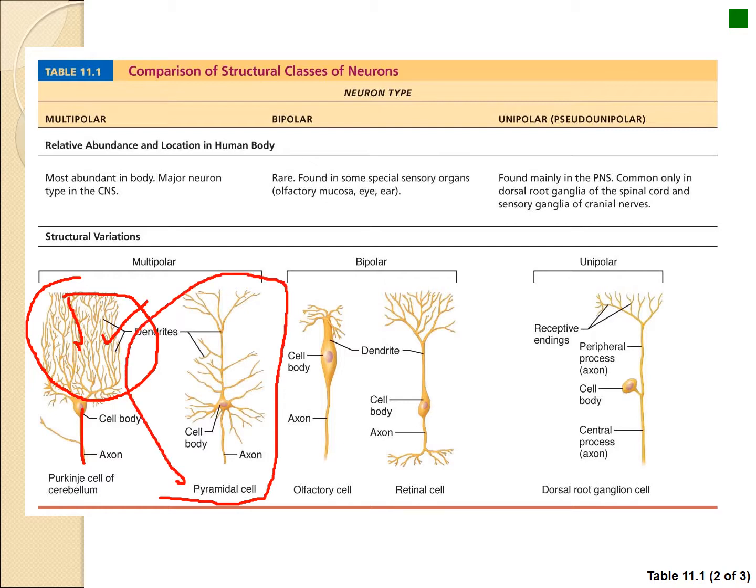There are extreme types of multipolars, and there's different types of bipolars, and there's a unique type of unipolar. So don't worry about the weird examples, but do know that there are subcategories of multipolar, bipolar, and unipolar, which sometimes are their own unique cell in themselves.